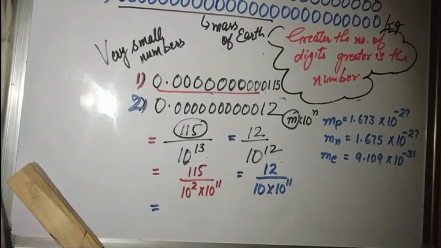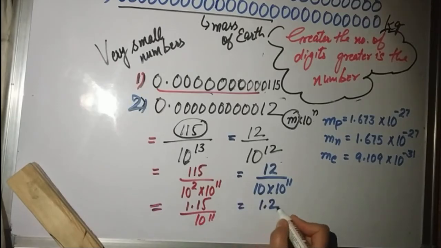So what is this number? This is actually equal to 1.15 over 10 raised to power 11, because of 10 raised to power 2 over 10 raised to power 11. And this one is 1.2 over 10 raised to power 11. Which one is bigger? Here the piece size is the same, and where are we getting more?